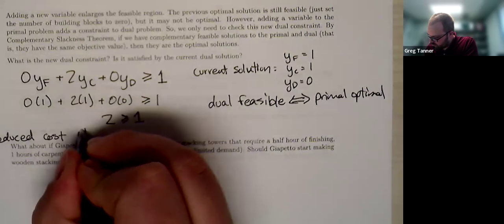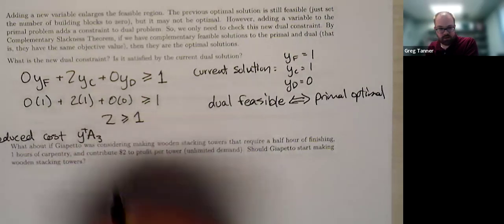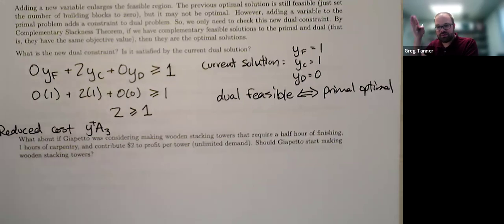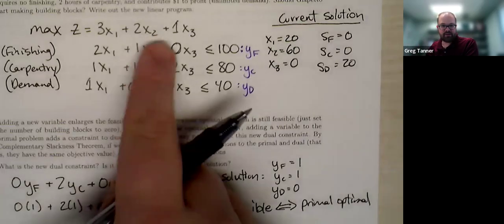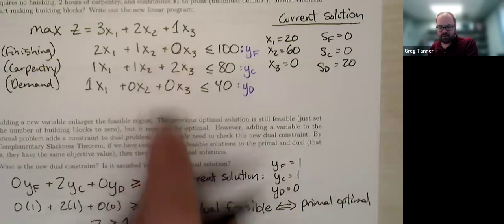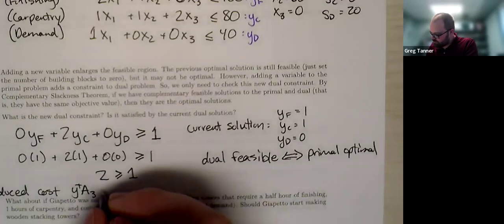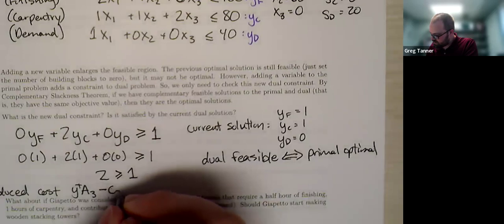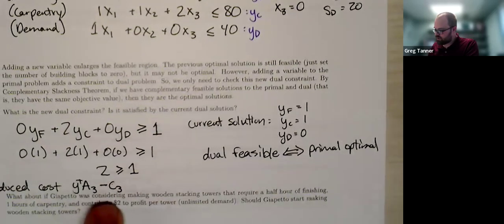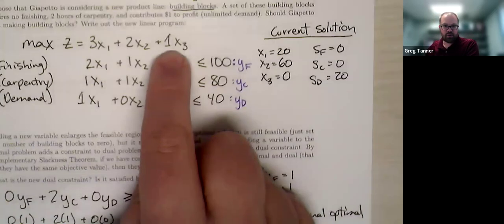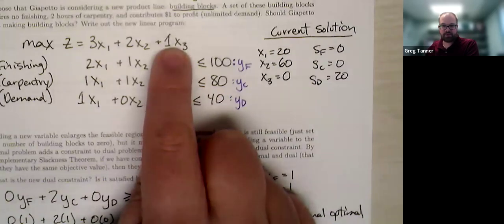That would be y transpose times A3, which is going to be the third column in our A matrix, which is exactly this column here of 0, 2, 0. And then we subtract C3, the coefficient of x3 in the objective, and that's 1.